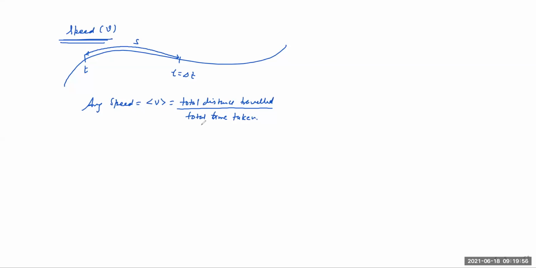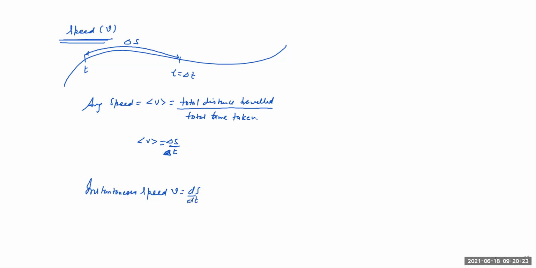That's called average speed. So we can write the average speed equals s upon t, like in this case, delta s upon delta t. Now, if I ask you what is the instantaneous speed? ds by dt. Correct. So we can write ds by dt.